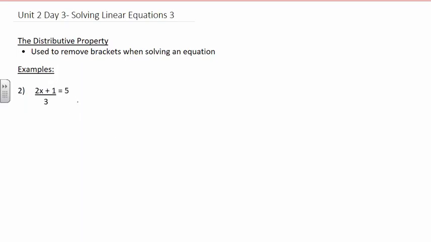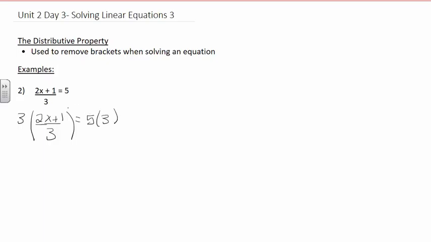We now have an example with a rational term or a fraction. So the first thing we want to do is get rid of that fraction by multiplying everything by a common factor. So we'll multiply everything by 3. So it'll be 3 times 2x plus 1 over 3 equals 5 times 3.